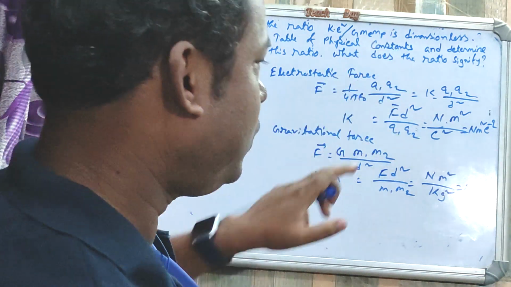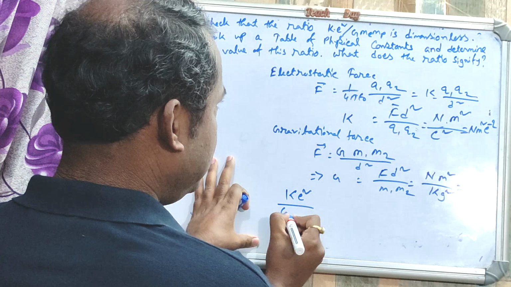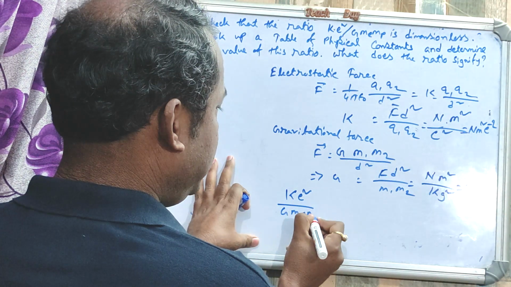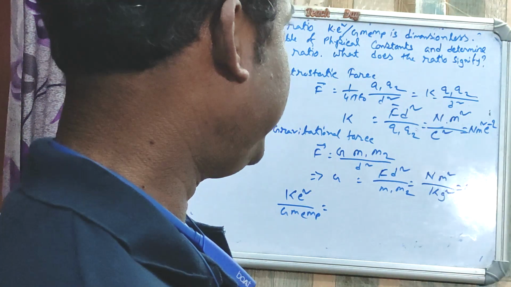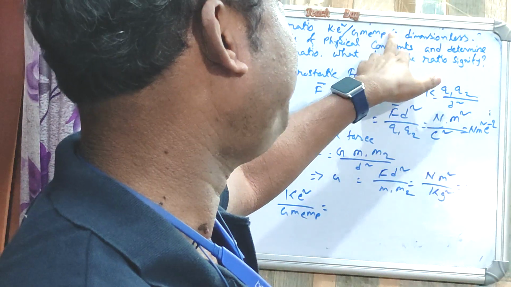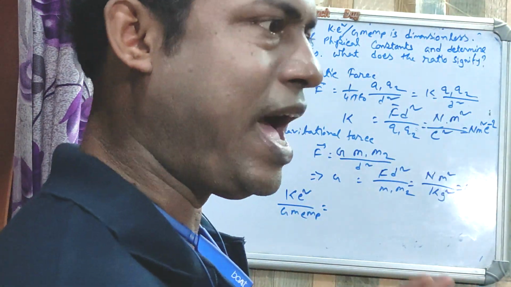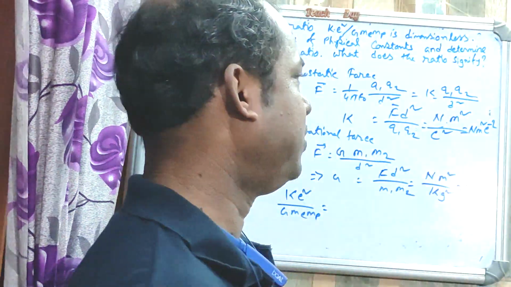So k square by G me into mp. Now a question arises in your minds. Sir, the question is to check that the ratio k square by G me into mp is dimensionless, but you just want to find out the SI units.